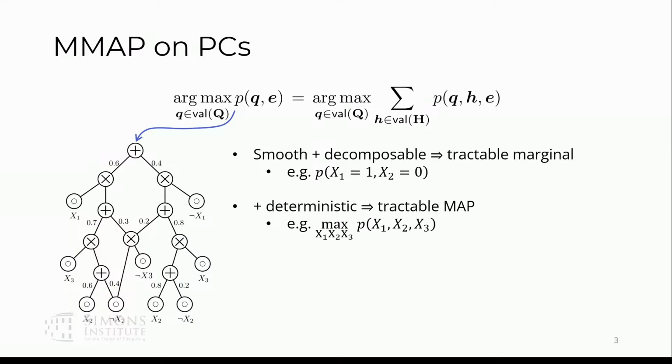If we additionally have deterministic sum nodes, then we can also compute map or MPE tractably. So if you are trying to maximize over all the variables in your circuit, you can do this tractably with smooth, decomposable and deterministic circuits.